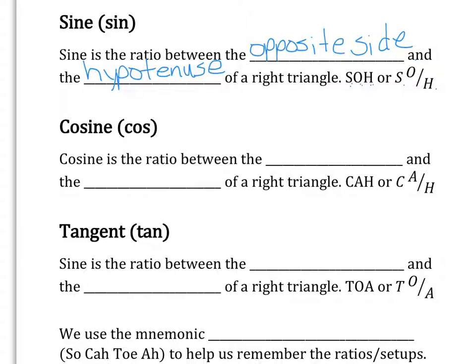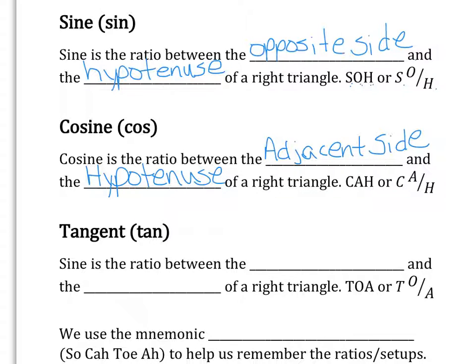Cosine you're going to see written many ways, but it's simply the ratio between the adjacent side and the hypotenuse of the right triangle. A lot of people write it as CAH, cosine, adjacent hypotenuse, or cosine is adjacent over hypotenuse.